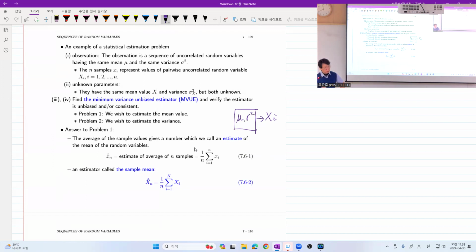The distribution is not important here. Now you have IID samples, and what you want to infer from the observation are these two parameters, mu and sigma.